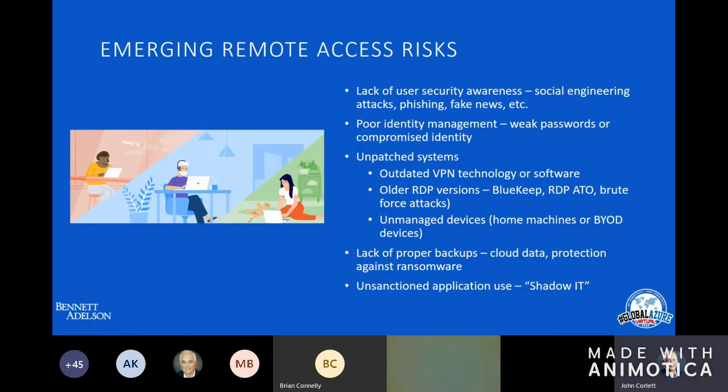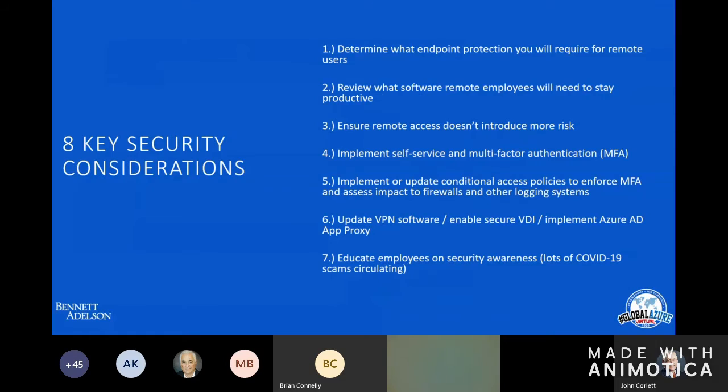So what's a good method to implement and enable this remote work? Well, we see that there are 8 key security considerations that we recommend customers consider. First, you need to determine what kind of endpoint protection you're going to require for your remote users.